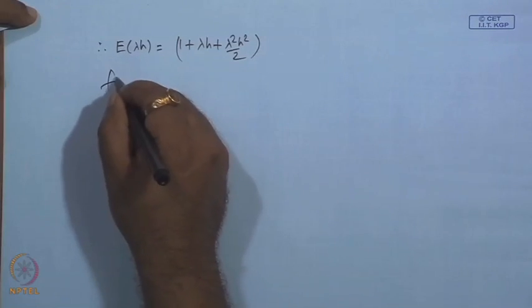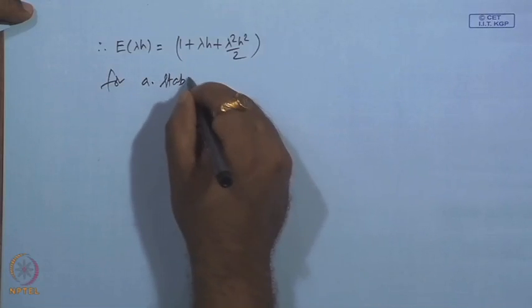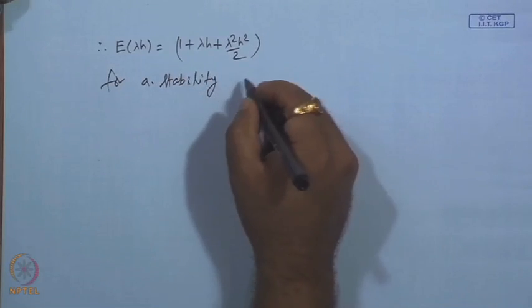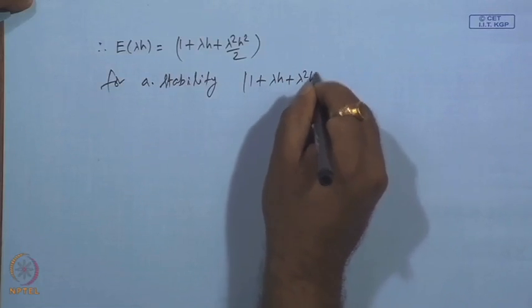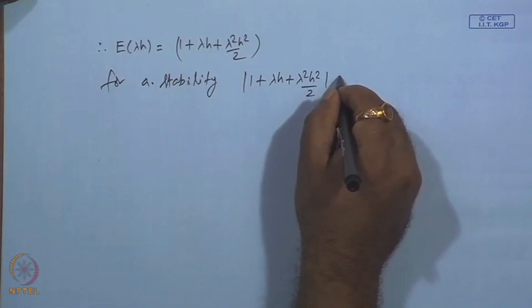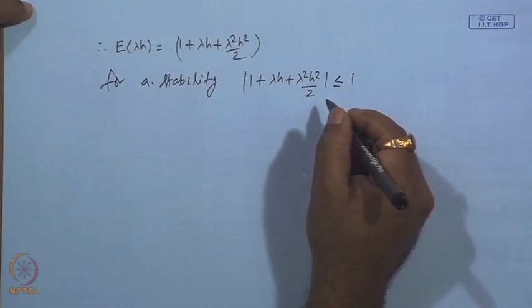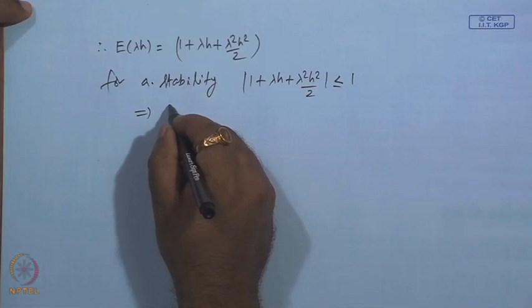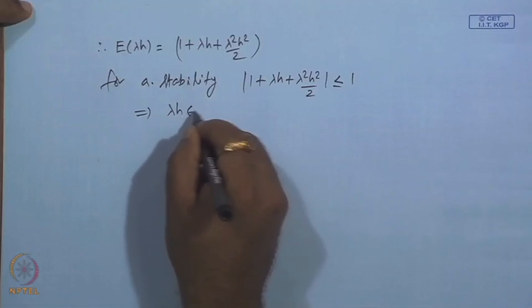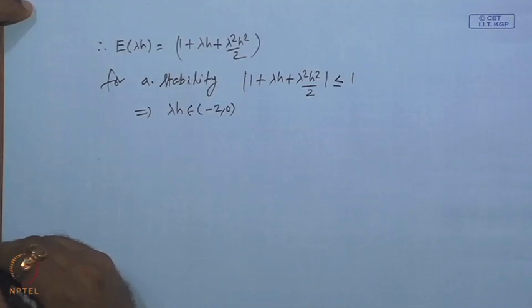Okay. So, for absolute stability, mod of this must be less than or equal to 1. Okay. So, this is satisfied when lambda h belongs to minus 2, 0. Okay.